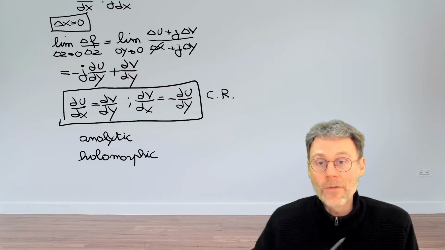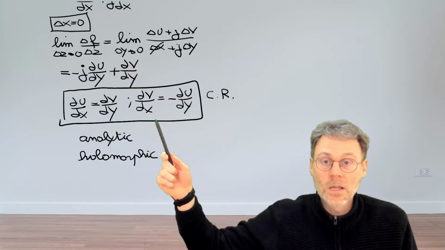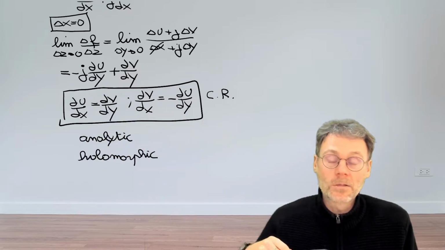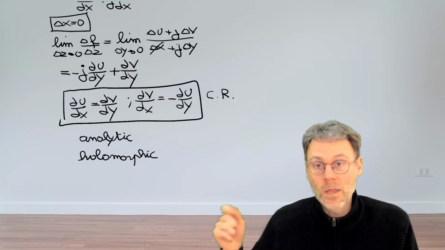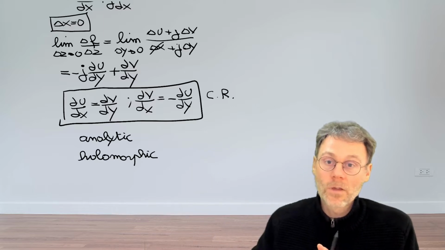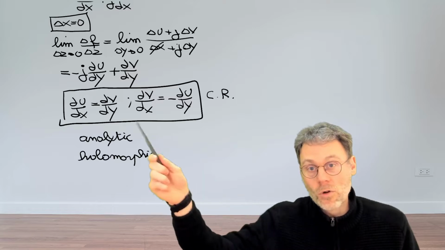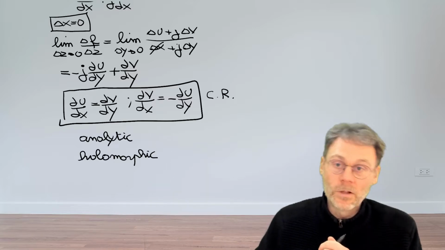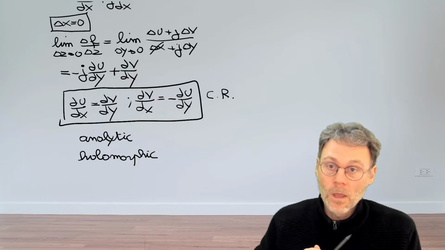Strictly speaking, we haven't really showed that if a function satisfies these conditions, then the derivative is independent of direction of approach. That's something we will do in the next video. The only thing we've shown here is that if a function has a derivative which does not depend on direction of approach, then the Cauchy-Riemann conditions are fulfilled, relating these equalities of derivatives here.